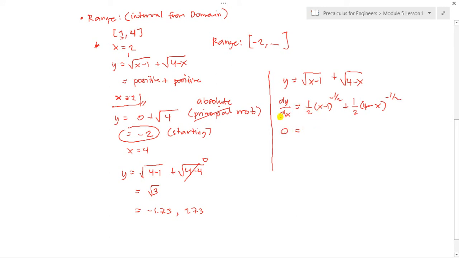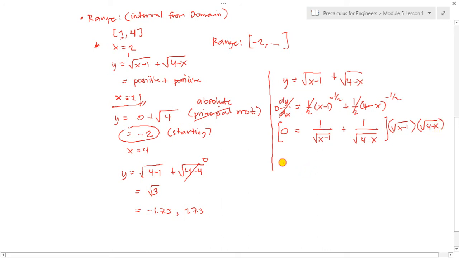So equate that to 0. When we equate this to 0, this will be cancelled out, so we only have 1 over square root of x minus 1. By definition of negative exponents, the 4 minus x, and then if we multiply both sides by their denominators, we can have again 0 is equal to square root of 4 minus x plus square root of x minus 1.